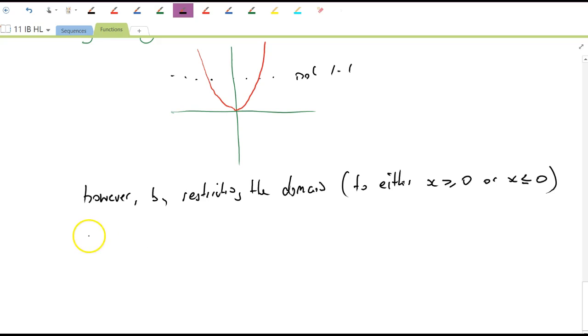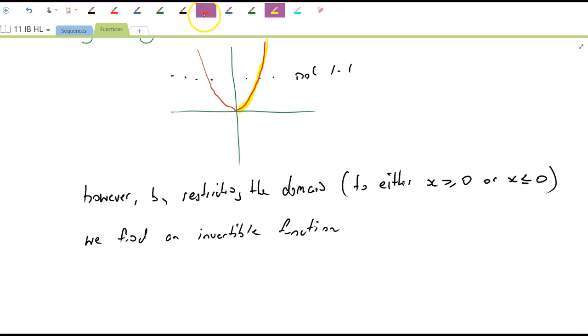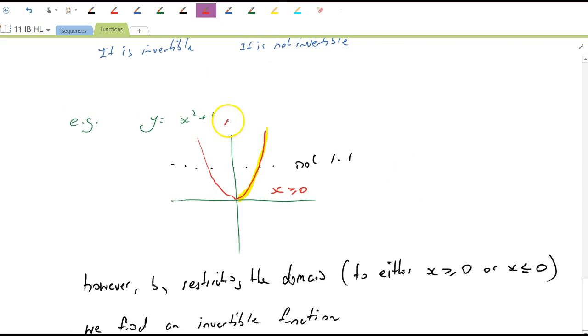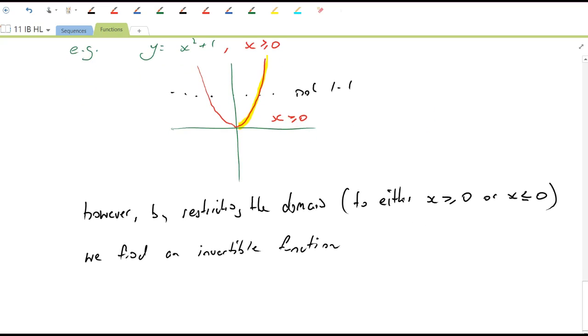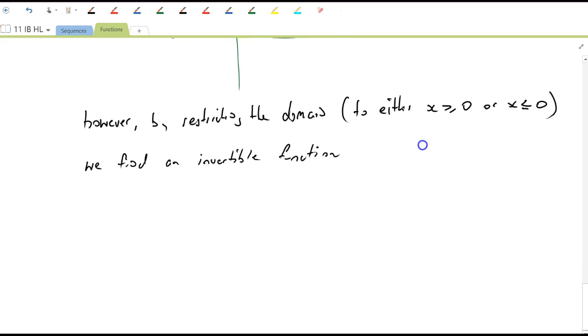By restricting the domain, we find an invertible function. So if we restrict this now to just, say, this section here, so we just define this function for x is greater than or equal to 0, now we've restricted the domain, and now it is invertible because it is one-to-one, and we can go ahead and find its inverse.